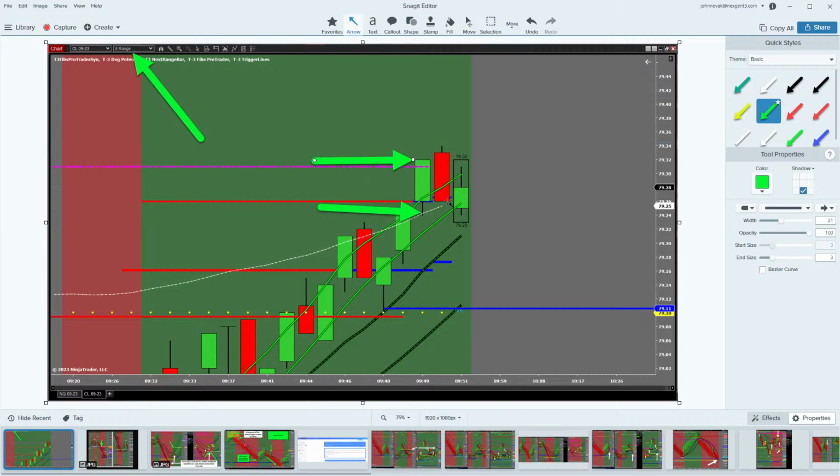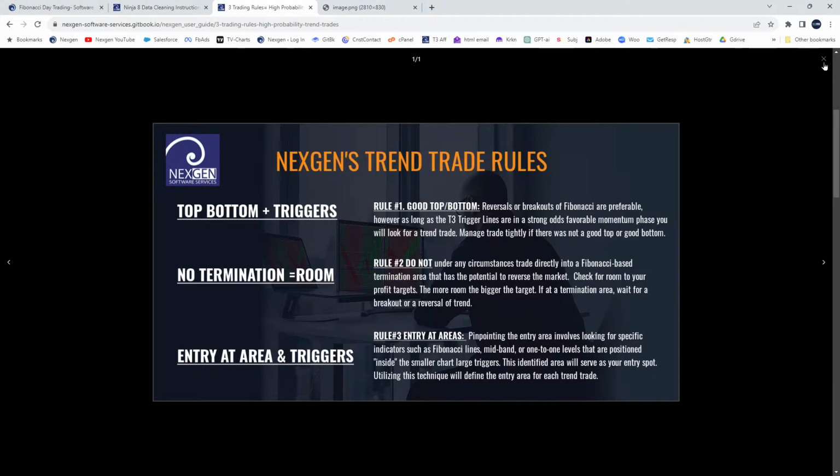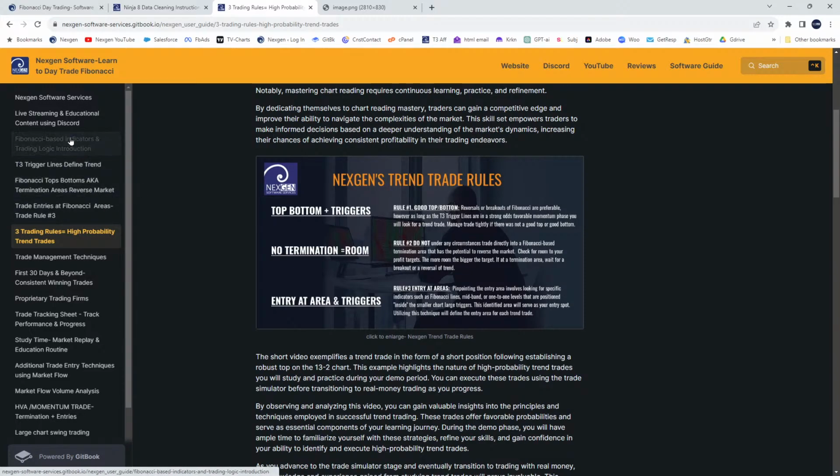Easy enough? So that's a range bar chart. It's range based. Now, in the user guide, I just want to show you what this stuff is.